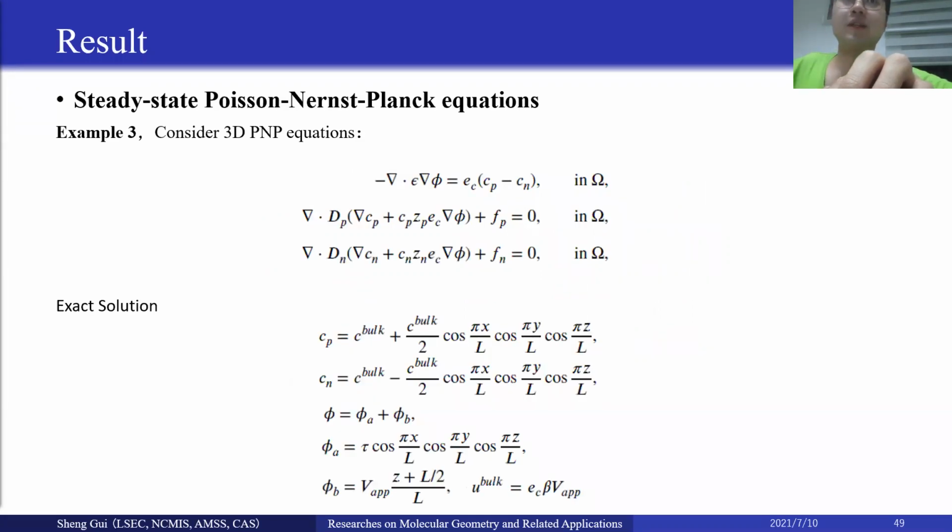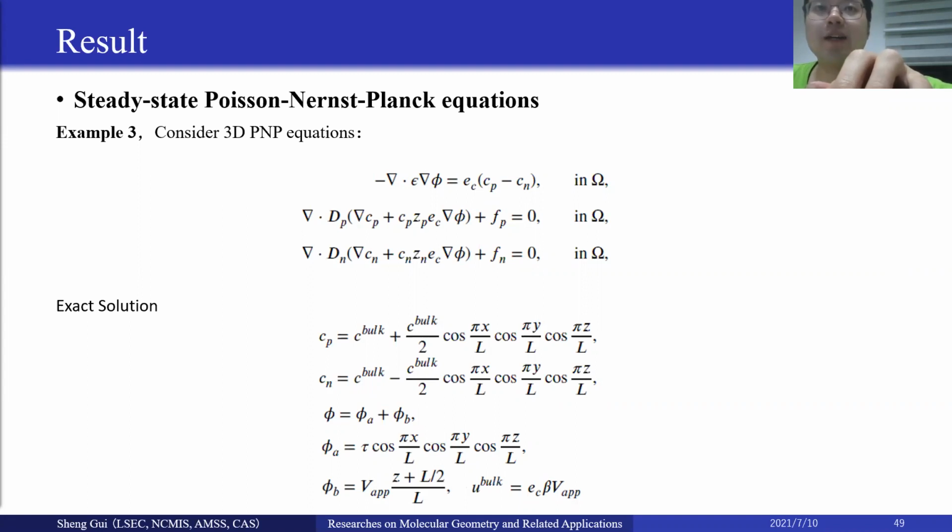In this example, we consider the three-dimensional PNP equations. The exact solution is as follows. In these examples, we can modify the parameters C bar, V app, and L to adjust the convection strength and the boundary condition.